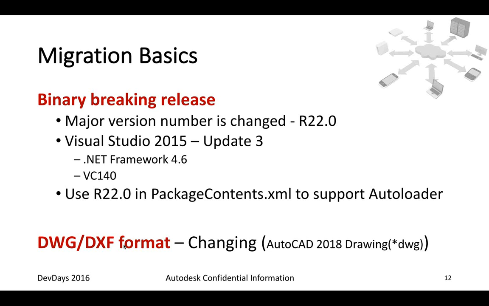If you have an application that is using the package contents on the App Store, just update that to R22, and that should be the new version. And finally, the DWG format is changing to AutoCAD 2018, so that's why it's R22, right?